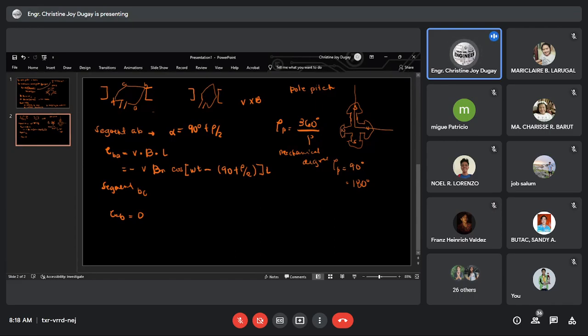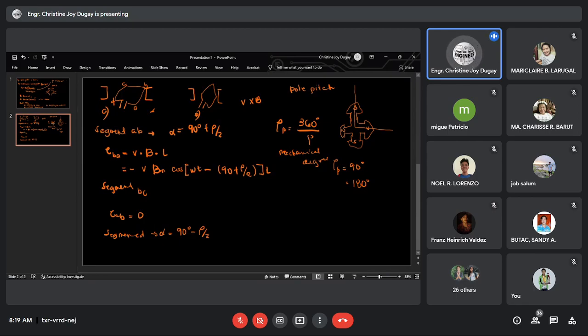For our segment CD, that is equal, no? The position is similar to this. Here is our A, and this is B. So the position is something like A. But then our alpha here is equal to 90 degrees less rho over 2.